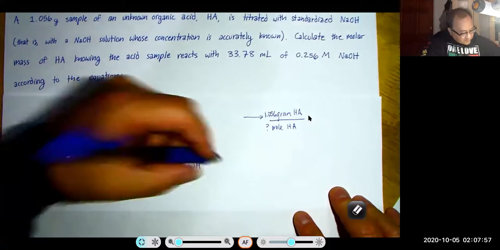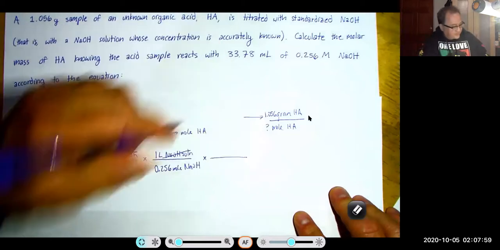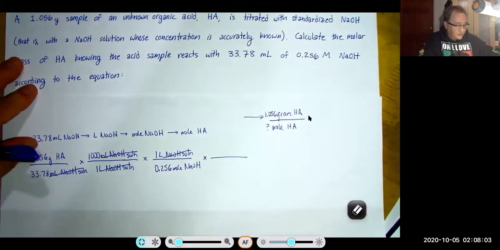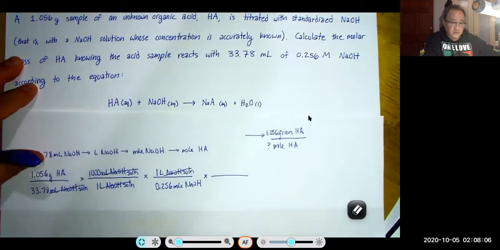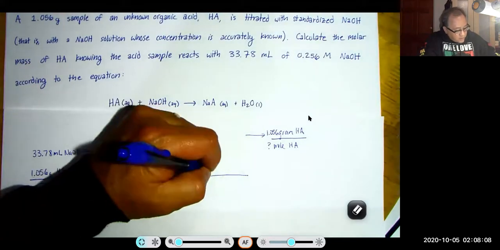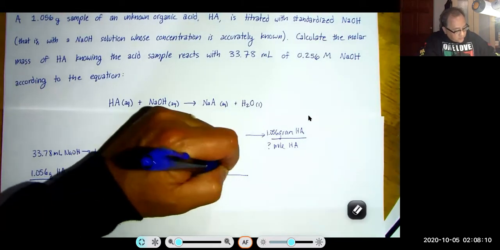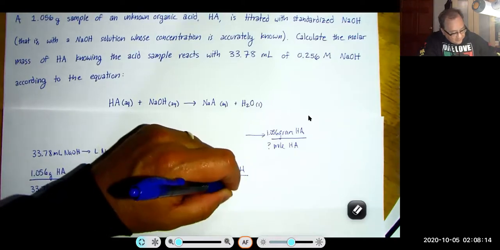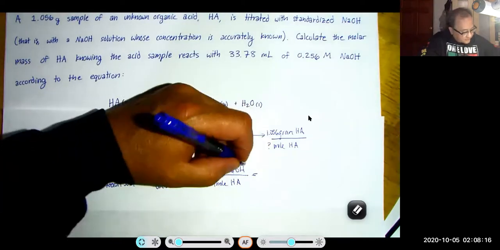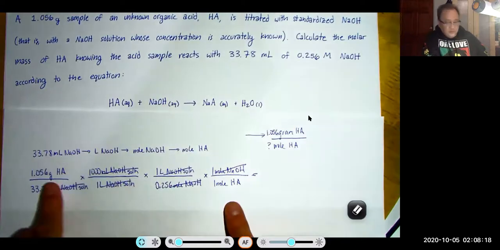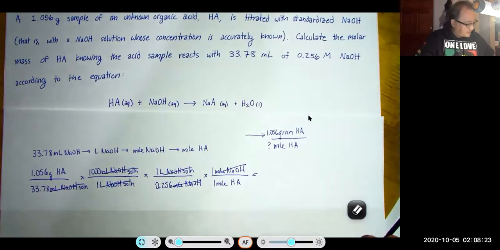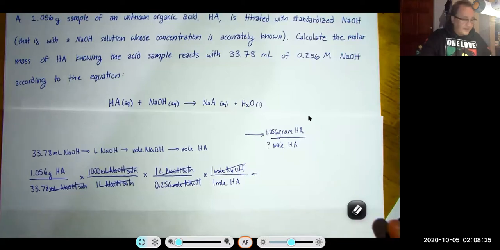And now I'm going to multiply by the mole ratio. So the balanced reaction is a 1-to-1 ratio. So I'm going to put 1 mole of sodium hydroxide to 1 mole of HA. And these cancel, and I'm going to be left with grams of HA over moles of HA, which will be the molar mass.